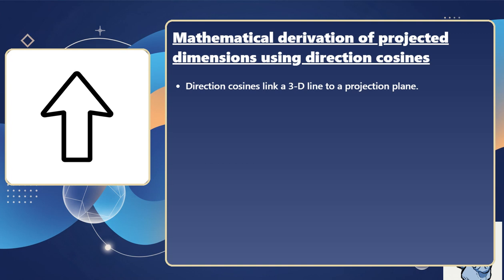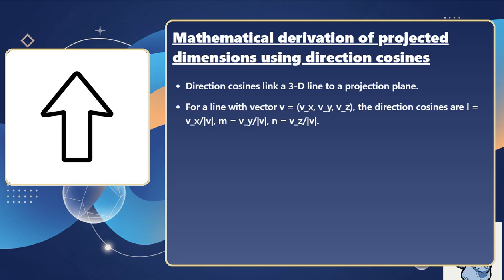Direction cosines link a 3-dimensional line to a projection plane. For a line with vector v equals (v sub x, v sub y, v sub z), the direction cosines are l equals v sub x divided by the magnitude of v, m equals v sub y divided by the magnitude of v, n equals v sub z divided by the magnitude of v.